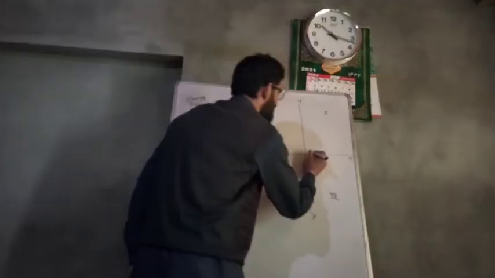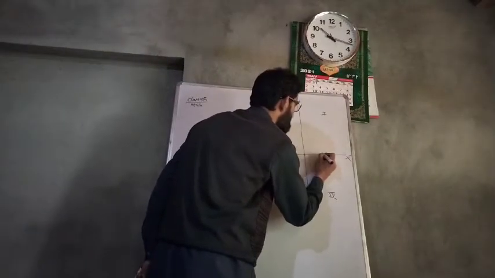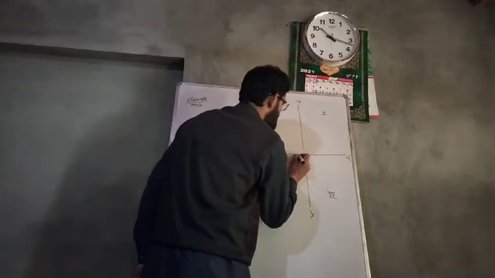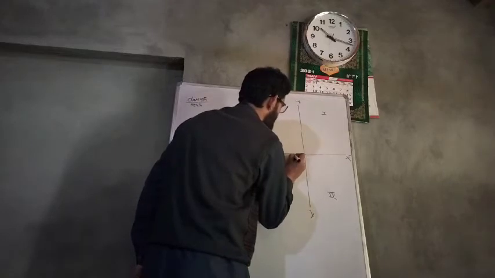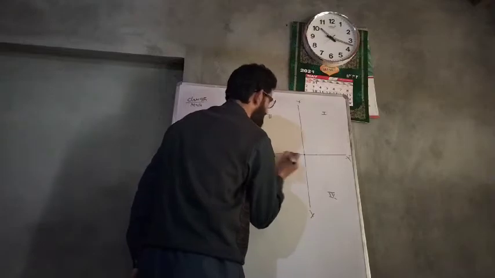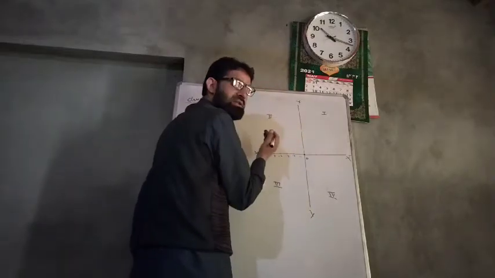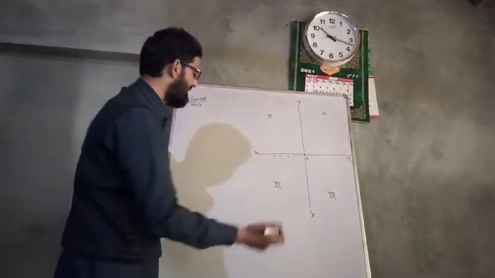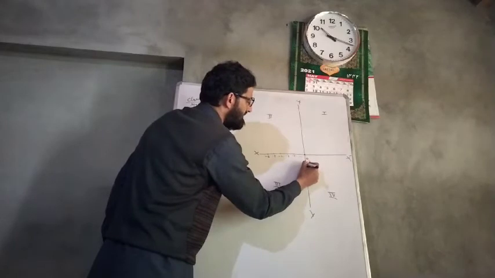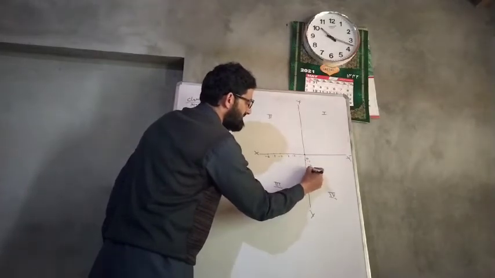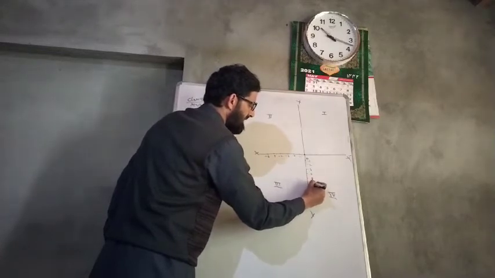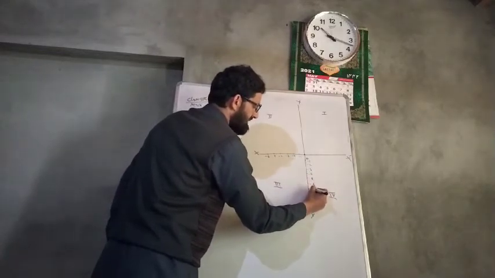Now let us take this. This is 1, this is 2, this is 3, this is 4, this is 5, this is 6. From 0, when you move towards the left, obviously they are negative: this is -1, this is -2, this is -3, this is -4, this is -5, this is -6, likewise -7.